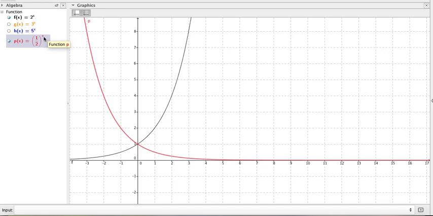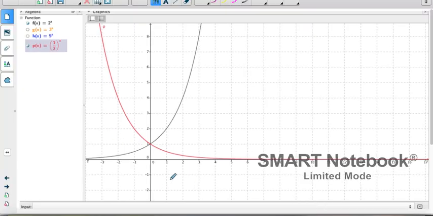Negative x when it is a horizontal reflection. But we also discussed in class that although this horizontal reflection comes from the different base, we could also show it algebraically.